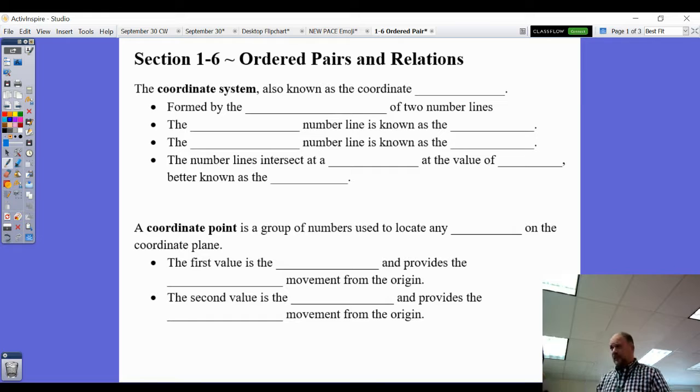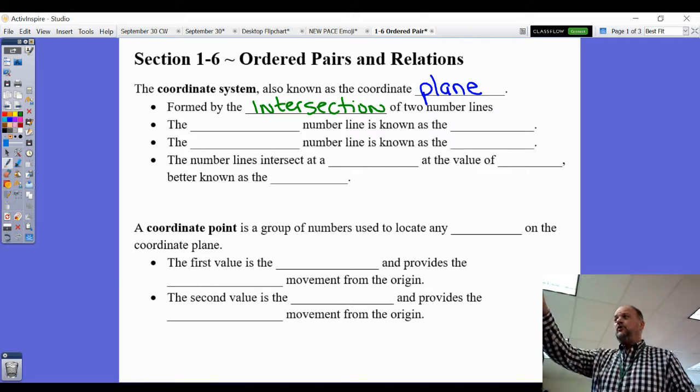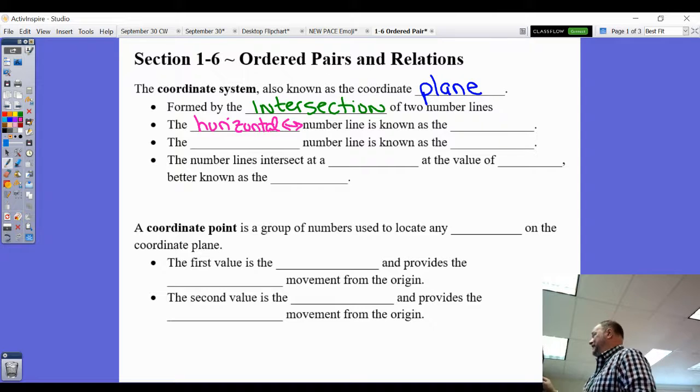Right. The coordinate system, also known as the coordinate plane, P-L-A-N-E. It is formed by the intersection, which means two things cross. So the intersection of two number lines, okay? Now those two number lines, one's horizontal, which means it goes left and right, and that's called the x-axis.